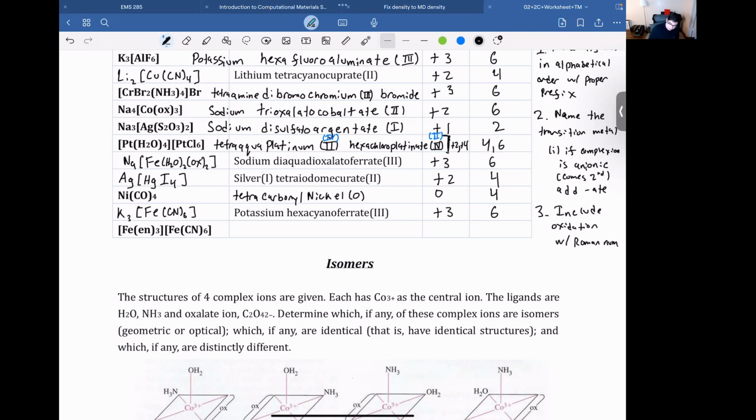So naming the first complex ion, we only have one type of ligand. We have tris, the special case for EN. And then the naming for it is going to be ethylene diamine.